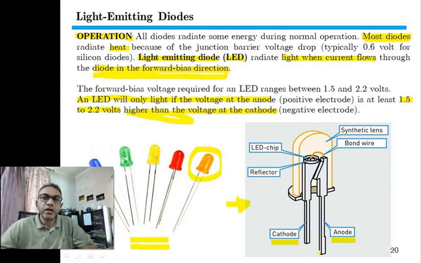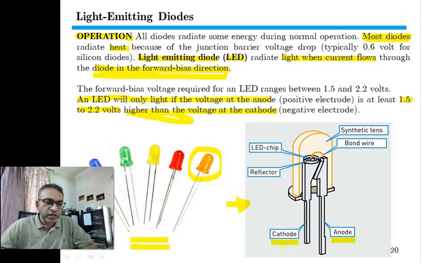This is done purposely so that the user of the LED can identify easily which terminal is the anode and which terminal is the cathode.